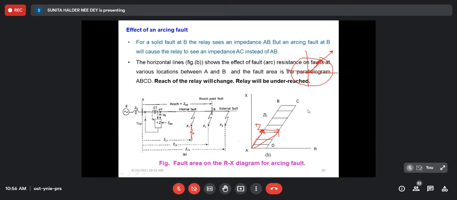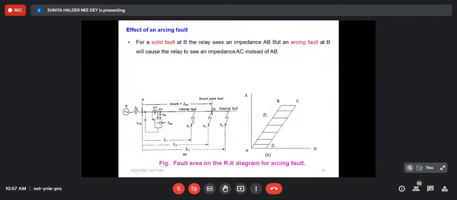So this problem should be overcome. For that, there are different types of impedance relay to overcome different types of problems faced by the impedance relay. Here different parallelograms are shown for the arcing fault at different distances. Actually, for a fault at F1 or F2, the impedance of the line will not be the same.